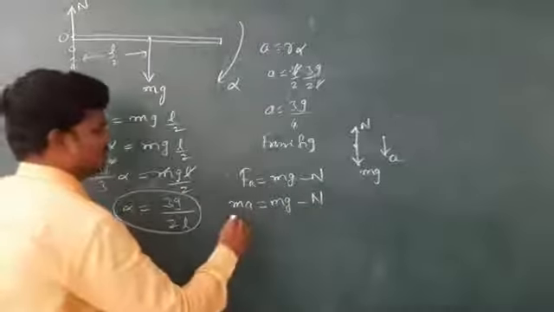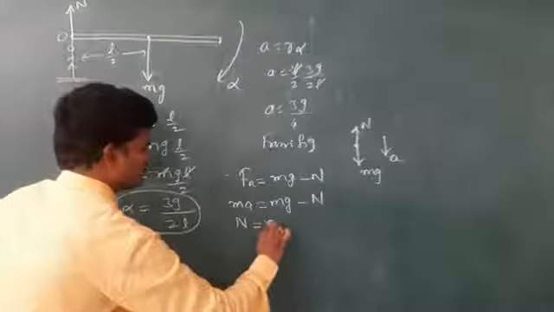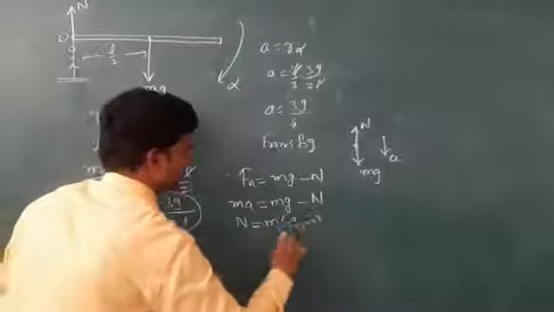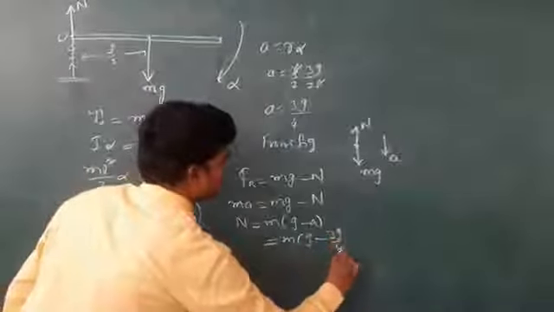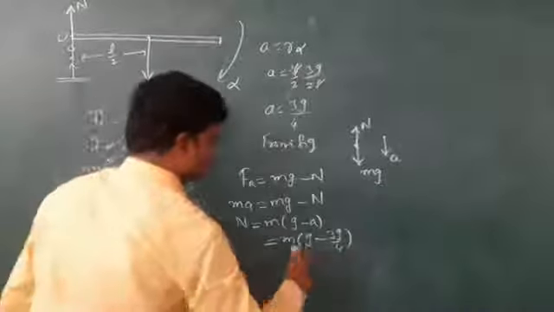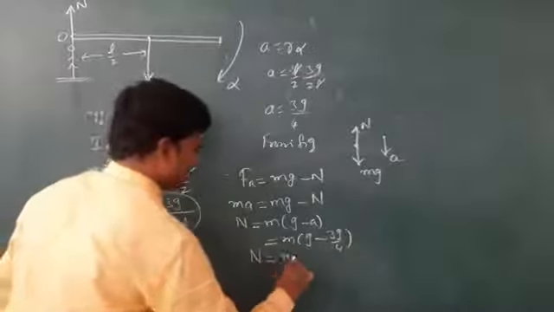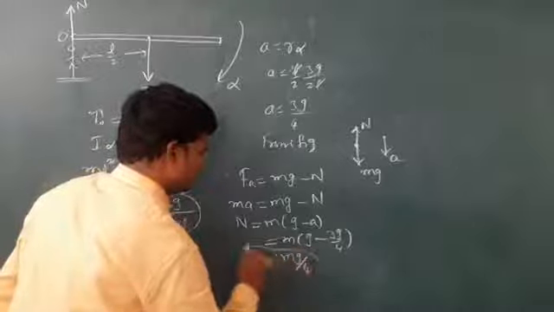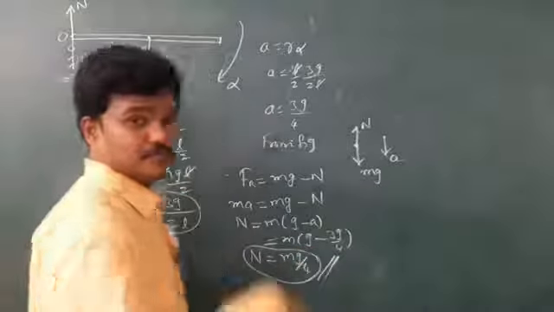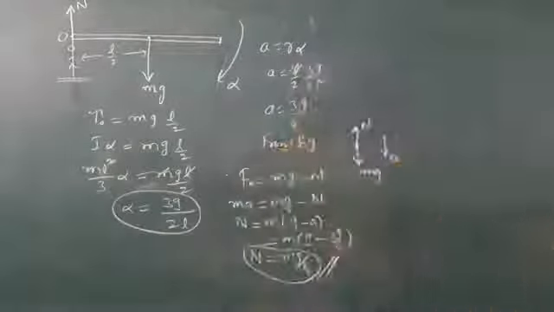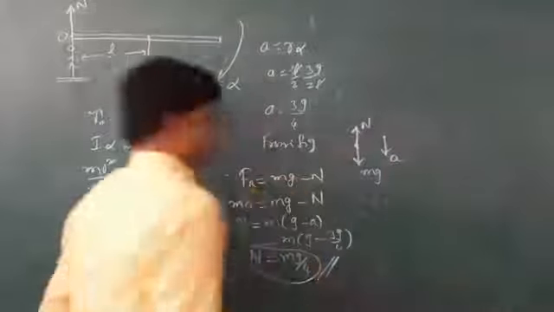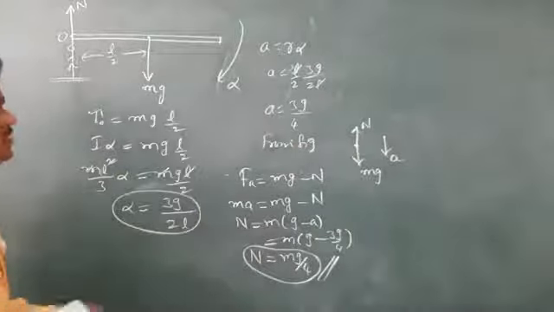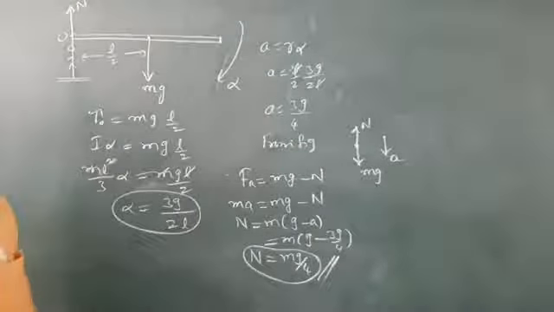N is our target. So N equals m into g minus a, which is m into g minus 3g by 4. So you get N equals mg by 4. This is the normal reaction acting on the first person.